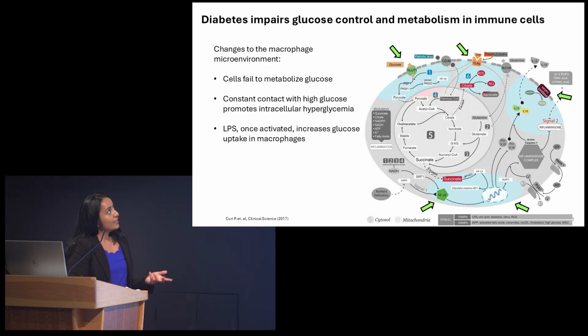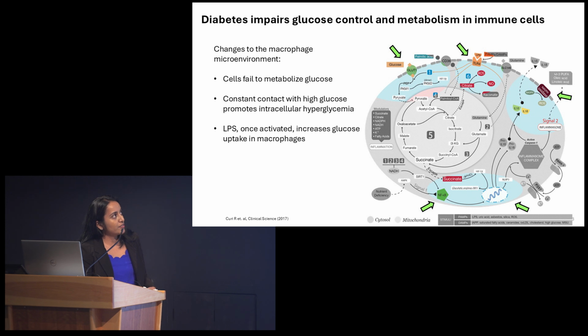So diabetes impairs glucose control and metabolism in different cells, including immune cells like macrophages. We are interested in understanding how glucose and inflammation lead to the development of diabetic kidney disease through changes in the immune cell microenvironment, and how this may cause metabolic reprogramming within these cells and affect them.